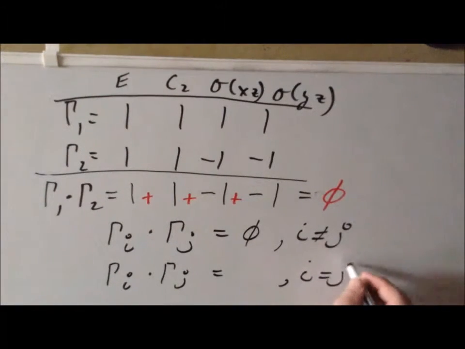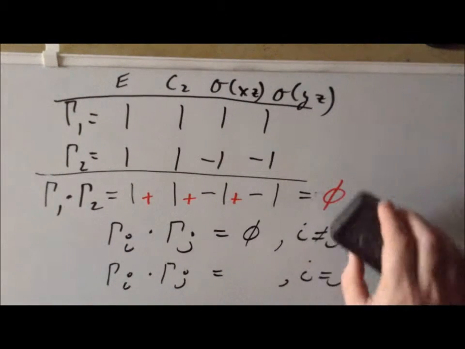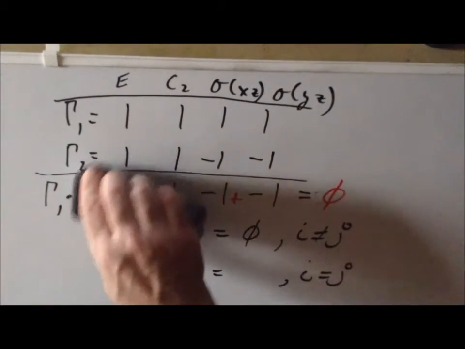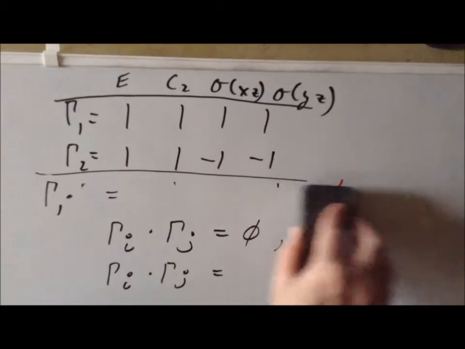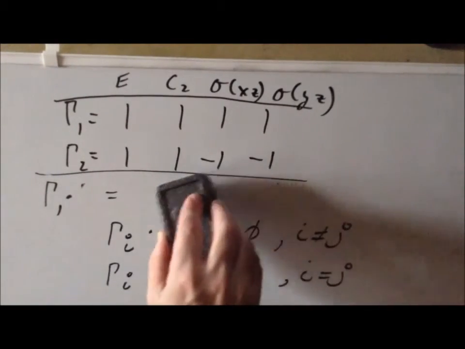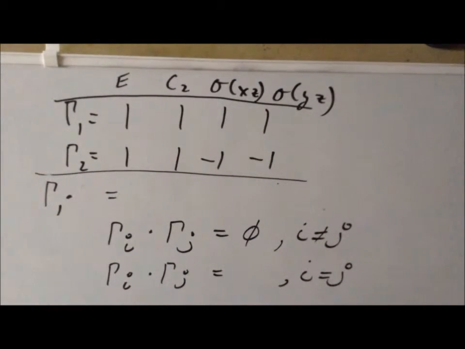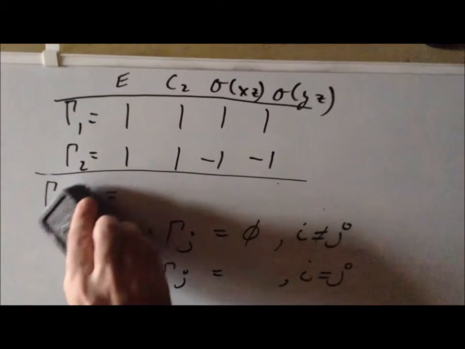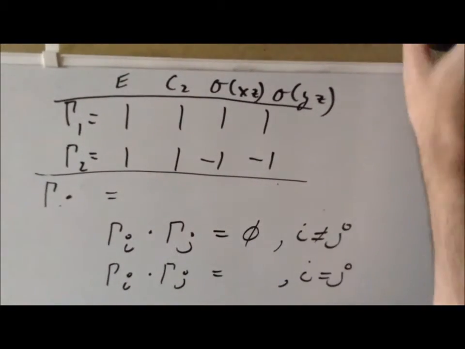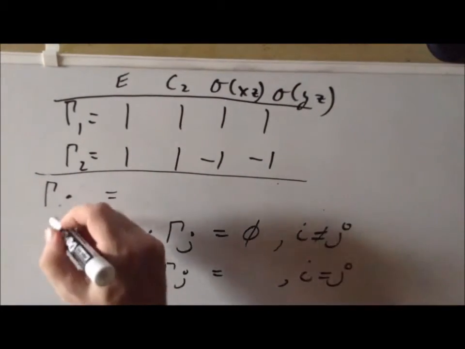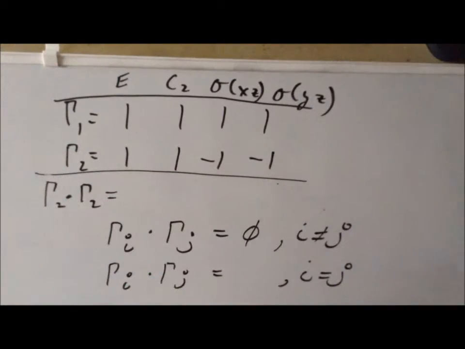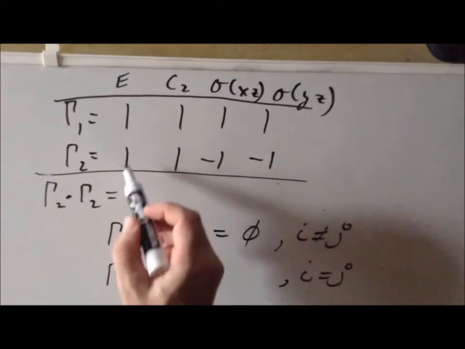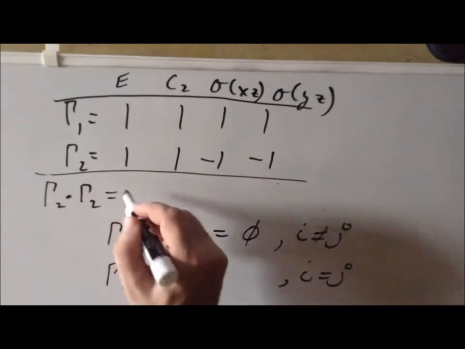We can do a pretty simple version here with this. Let's erase all these, so we don't accidentally leave anything on there that was there before. And now I simply want to look at gamma 2 times gamma 2. So now it works the same way that we did before, except I only have it times itself. So I have 1 times 1, 1 times 1, minus 1 times minus 1 gives me plus 1.